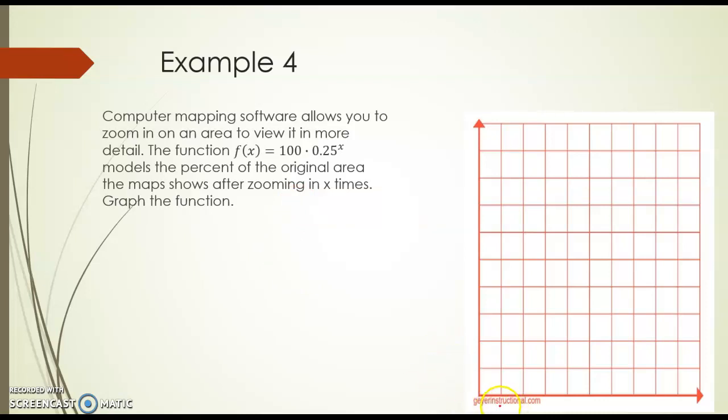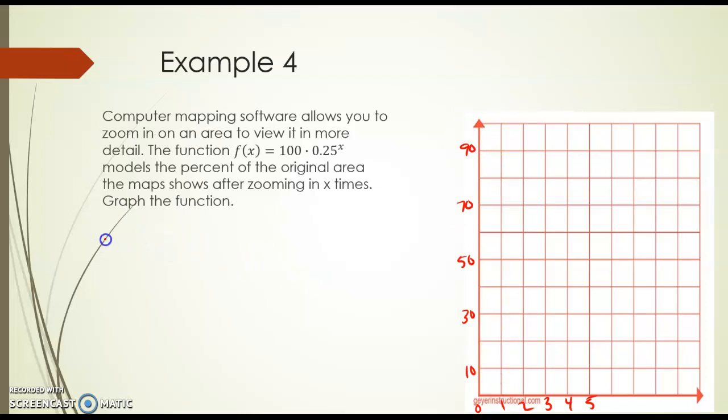And so we're going to go by ones. 0, 1, 2, 3, 4, 5. And we're going to count by tens going up. 10, 20, 30, 40, 50, 60, 70, 80, 90, and then 100 clear up at the top.